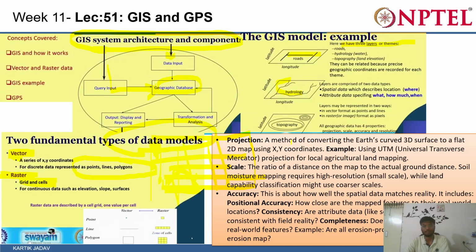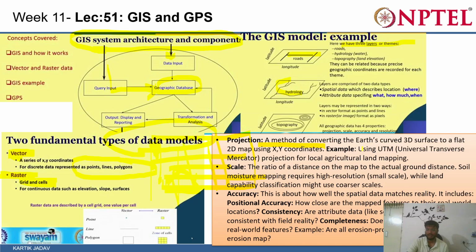Then we have also shown various terminologies that are important in ArcGIS or GIS and remote sensing. The first one is projection. Projection is the method of converting the Earth's curved 3D surface to a flat 2D map using XY coordinates.